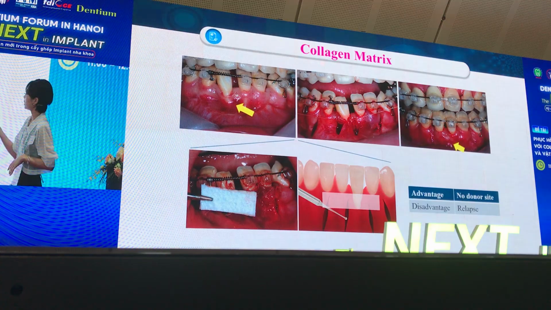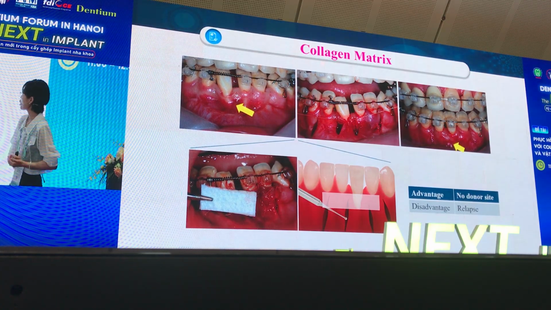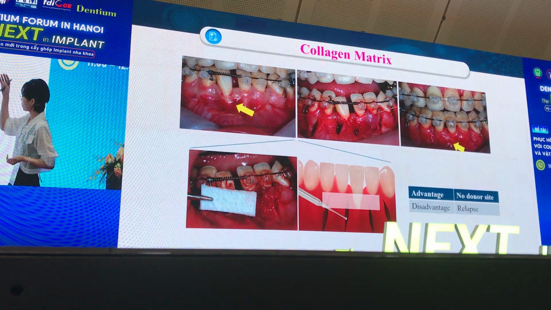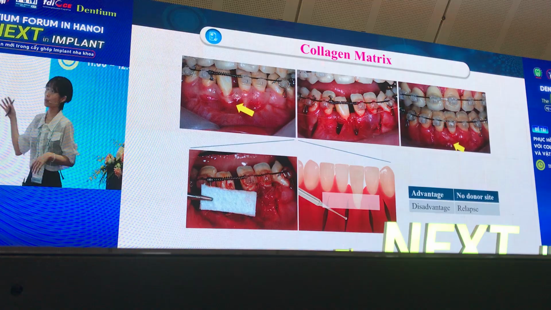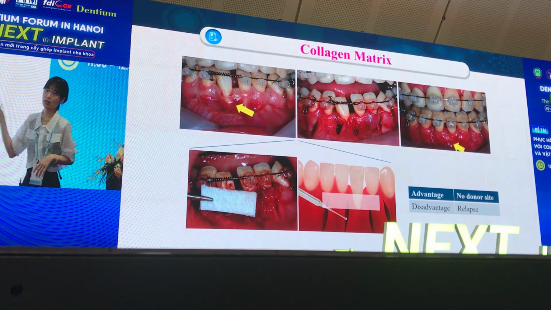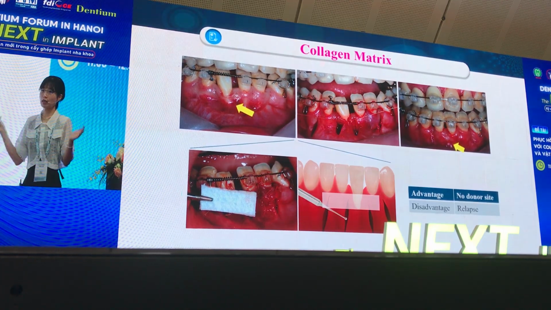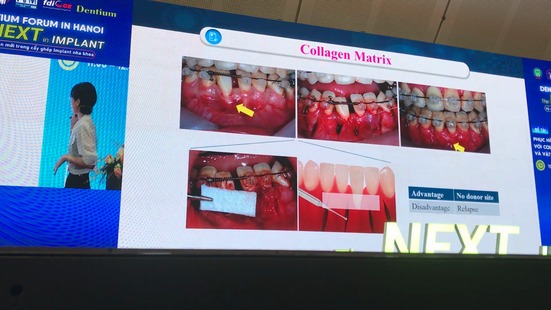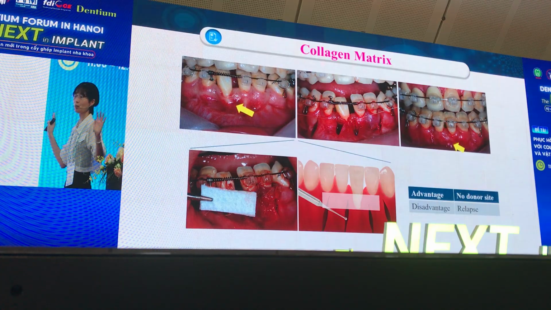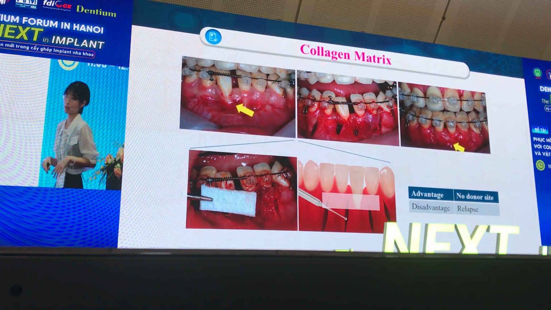I make a vertical incision like this and around the gingival incisions and make a full thickness tunneling and put the collagen matrix inside and then suture. That's all. So the advantage means there is no donor site. I don't touch the palate anymore because I don't need the autograft.